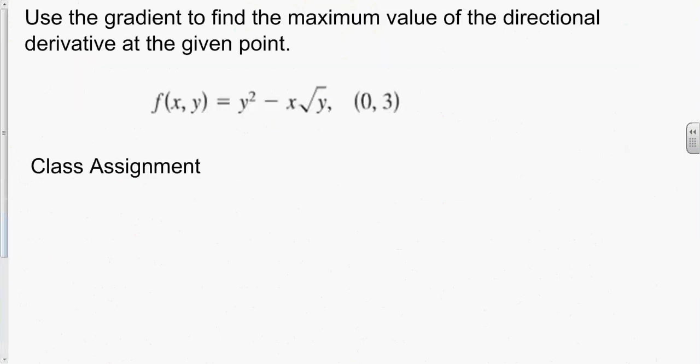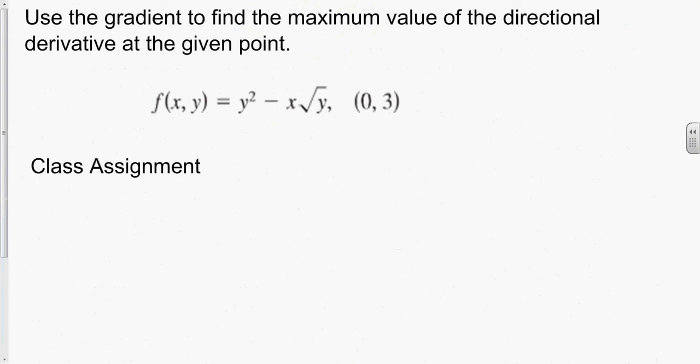So use the gradient to find the maximum value of the directional derivative at the given point. Now again, the maximum value of the directional derivative is the norm of the gradient.